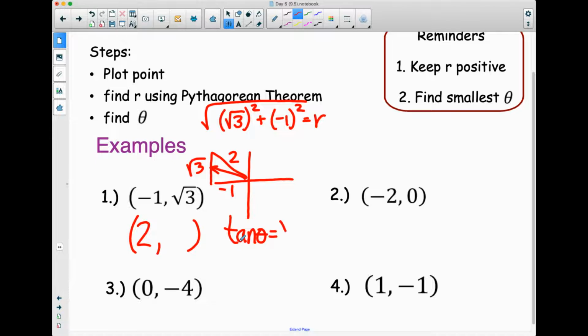The tangent is root 3 over -1. So like I said, if you're not familiar with your unit circle right now, you can either use your left hand or use your paper plate in front of you. But if I'm going to make tangent root 3, that is a 60-degree reference angle. We'll stick with degrees because that's what we've been doing this whole time. It would be what? 60-degree reference angle in the second quadrant. 120.